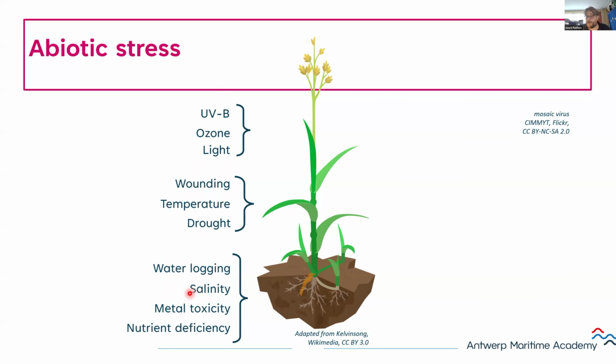An important part when we talk about sea level rising and salt water influx is salinity. There are a number of plants that are very well adapted to be grown on salty soils, and then we have the normal plants that we all eat, like potatoes and tomatoes, and they don't like salt quite enough.